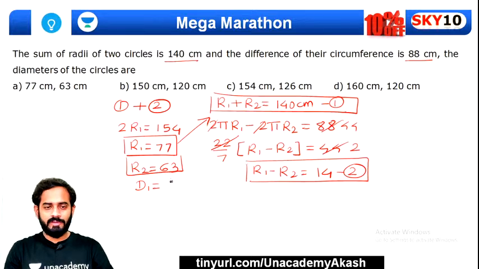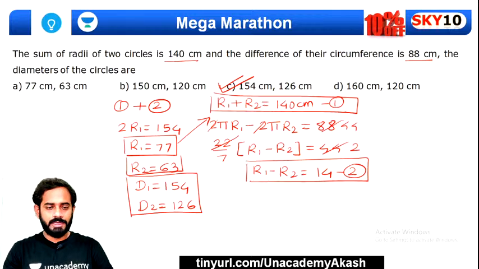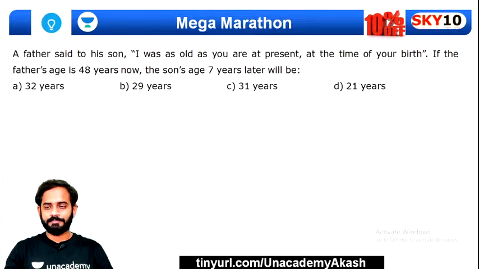The value of D1 will be what? 77 into 2, that is 154, and D2 will be equal to 63 into 2, that is 126. Okay, so 154 and 126, option C is the correct answer. Okay, very simple. Let's move to the next question now.